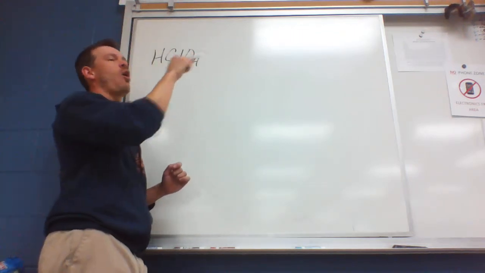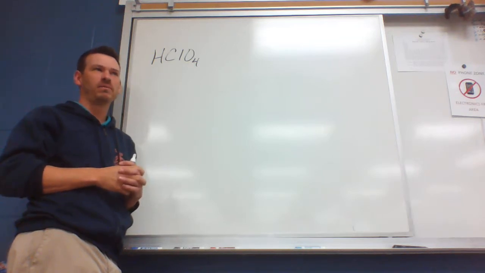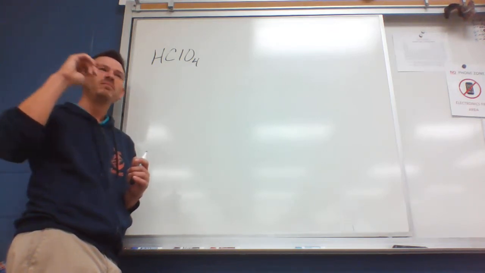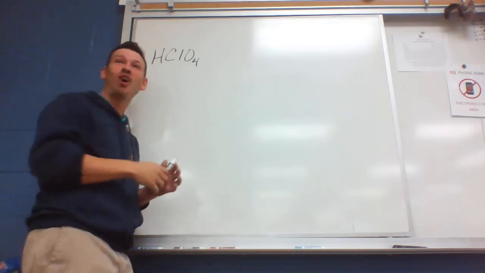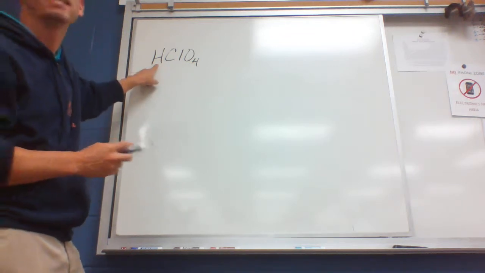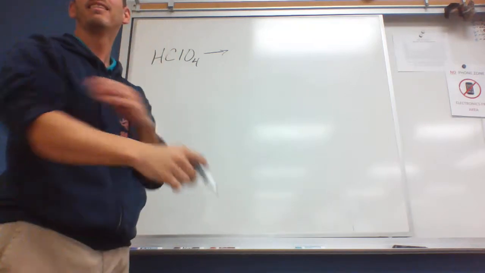Are we okay with the way the yield sign is drawn on the screen? Yes, we are, because we draw a normal yield sign if it's strong. Look. How many oxygens? 4. How many hydrogens? 1. Strong acid.